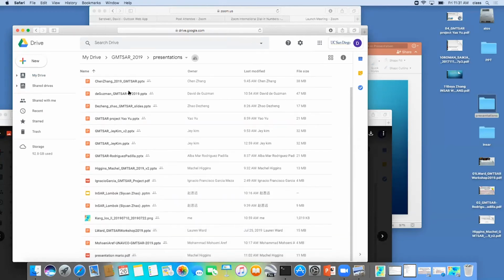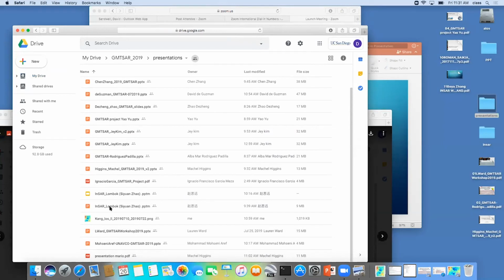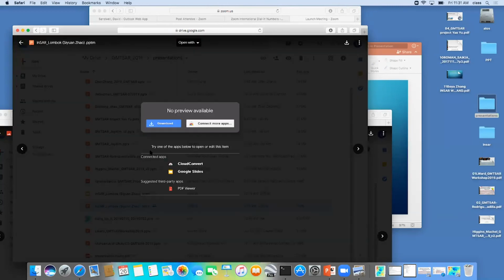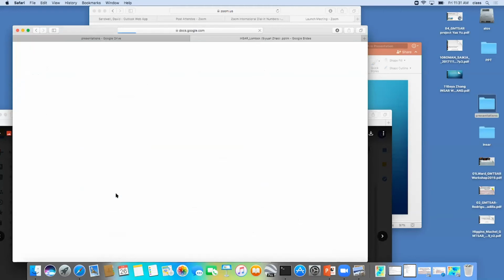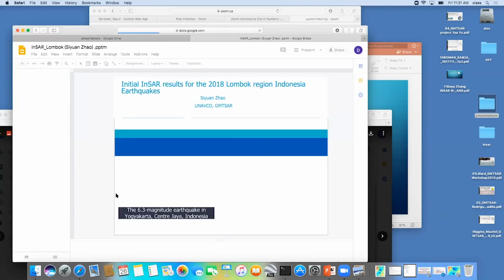That's mine. Lombok. Oh, beautiful. Can you see the screen now? Yes, I can see it clearly. Okay. What's up? Lombok, I see that one there. Okay, and then how can we make it?